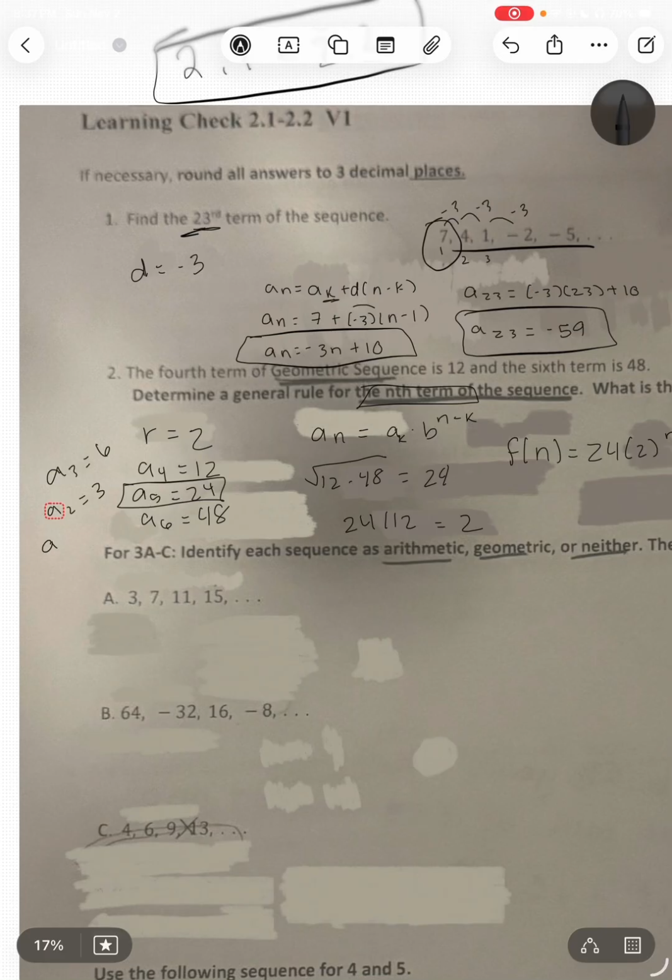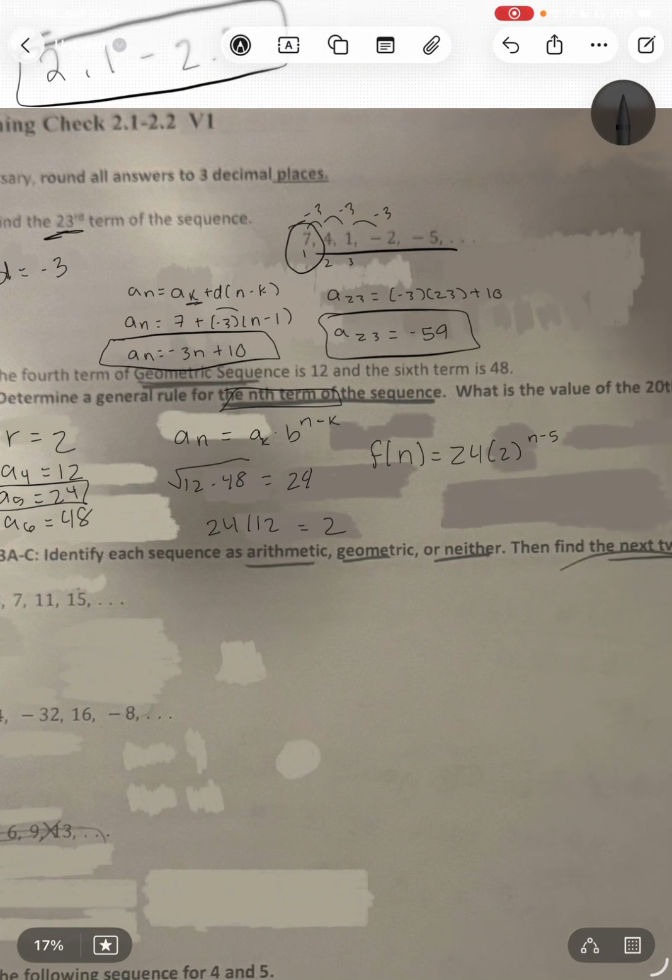Half of 3 for A1 is 3 over 2. And half of 3 over 2 is equal to 0.75. So our flat out nth term sequence is 0.75 times 2 to the nth power. So there is our equation for that.